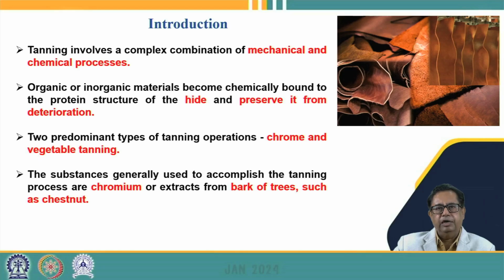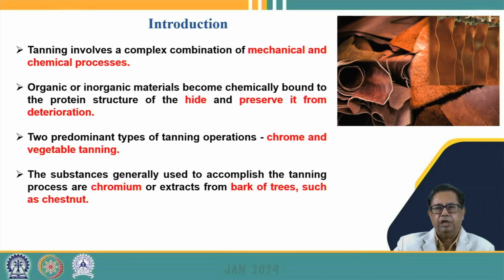So here the hides are converted into a non-deteriorated product by preserving them, by adding certain chemicals which may be organic or inorganic in nature. These materials may become chemically bound to the protein structure of the hides, and then they can preserve them from further degradation. So we can have two types of tanning operations: chrome tanning as well as vegetable tanning.